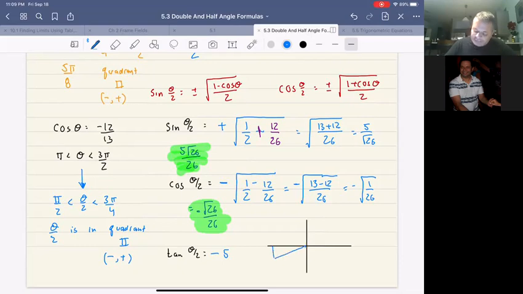This is theta, in blue. Theta/2 is half of that.